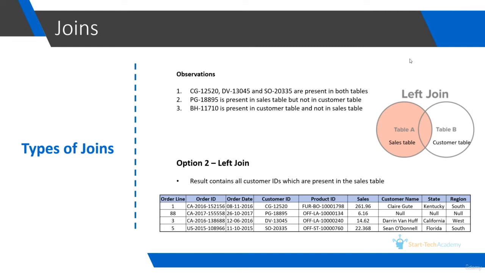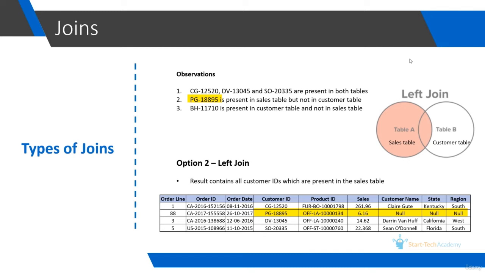But if a customer ID is not present in the customer table, for example this ID PG18895, we will still have it in the output, and in the places where we are getting the customer data, we will have null values.